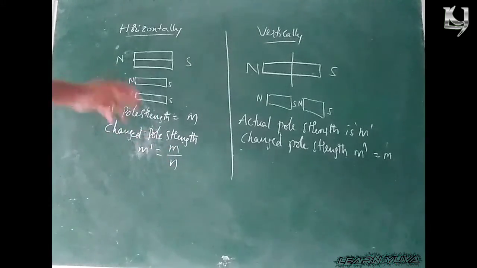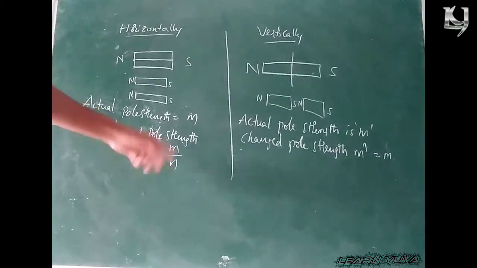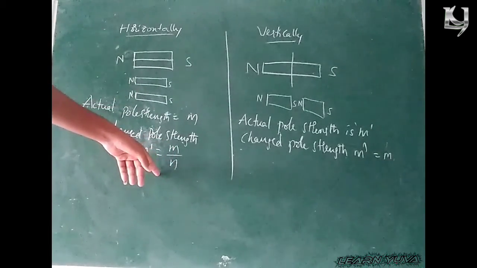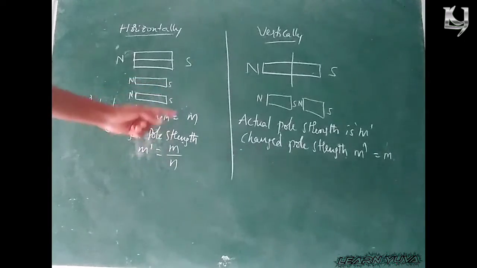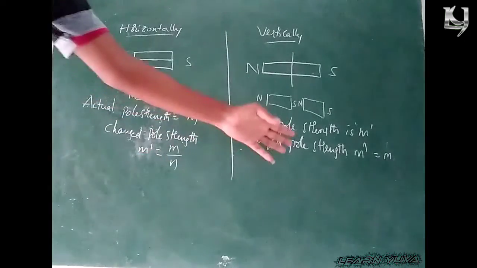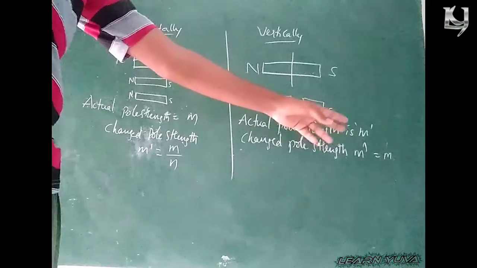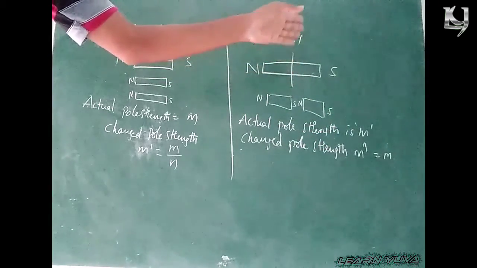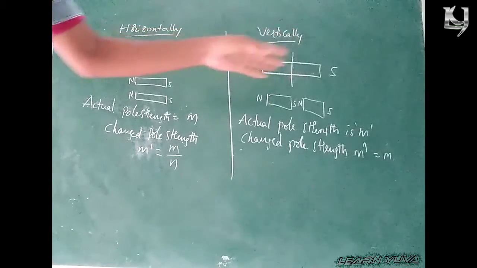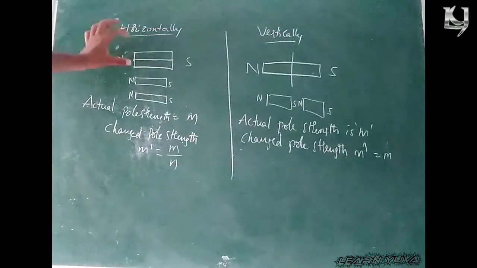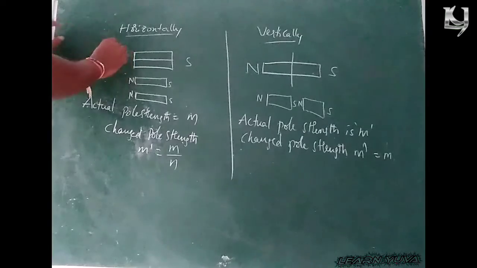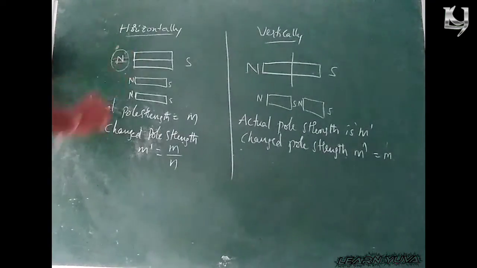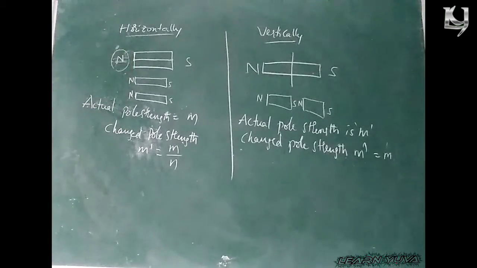If you make two pieces, M by 2. If you make three pieces, M by 3. Here N is the number of pieces. In this case, the pole strength changes, whereas in the vertical case, the pole strength will not change. In the horizontal case, we are breaking the actual pole into number of pieces. So that's why the pole strength changes.